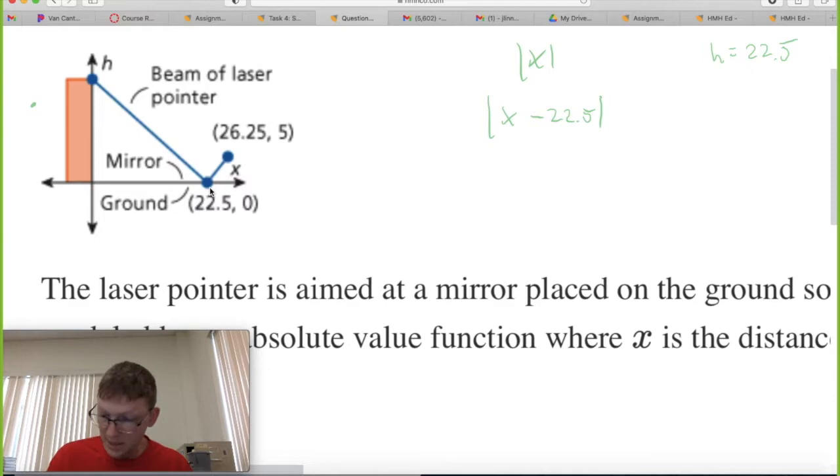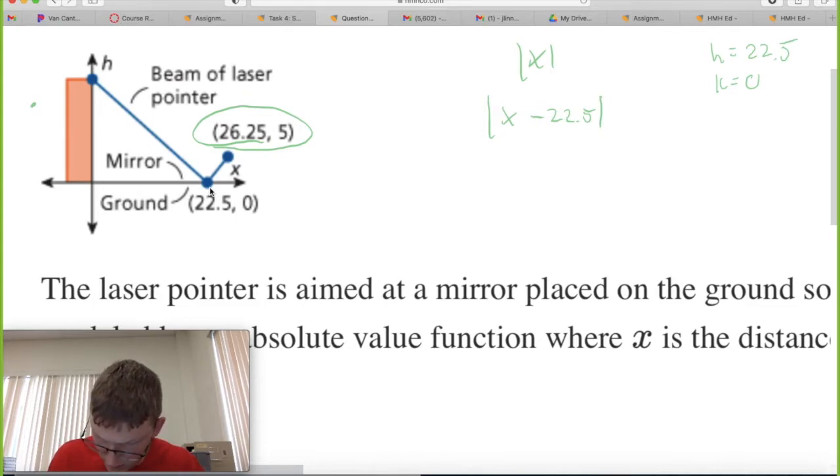Our k is 0. And so we can then use this number to figure out our A, since they gave us that point.